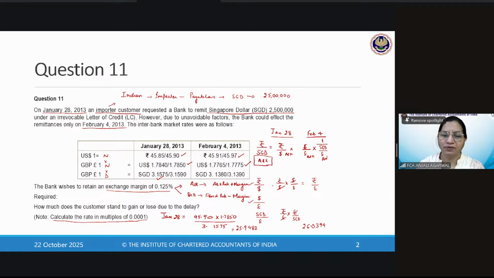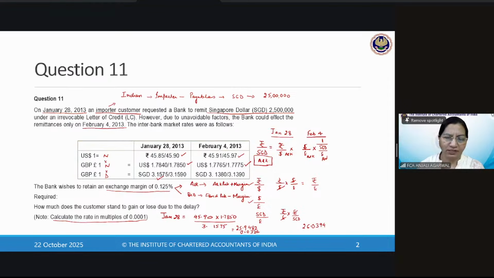Ask, which means that we are going to add the margin to the applicable rate which we have got, 25.9482, multiplied by 0.125%. So you can multiply it by 0.00125 to get the margin amount. The margin amount comes out to be 0.0324.